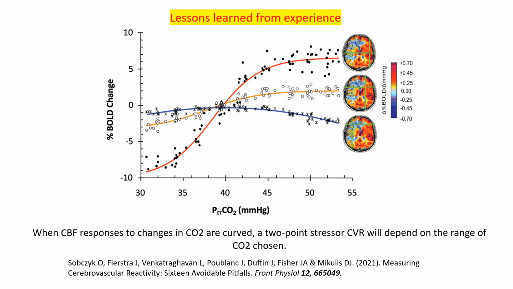It is apparent that the responses from the 3 example voxels differ, so that the slope of a 2-point line, such as provided by a boxcar CO2 sequence, will depend where the range of CO2 is chosen. Indeed, it is clear that CVR depends on whether the CO2 range is in the hypocapnic or the hypercapnic range.